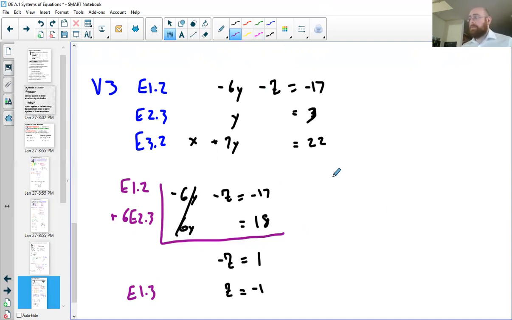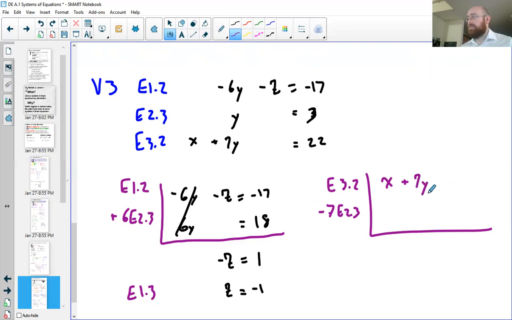Then over here, equation 3.2. And this is a positive 7y, so I have to subtract 7 copies of equation 2.3. So we have x plus 7y equals 3. And then I need to multiply it by negative 7.